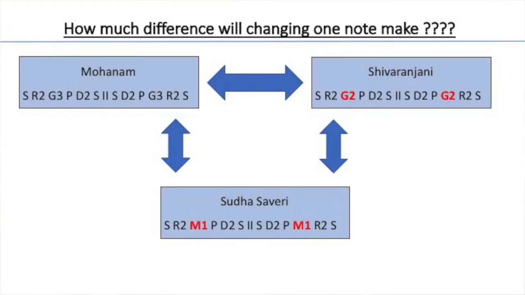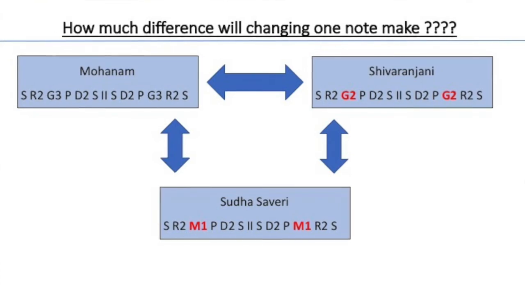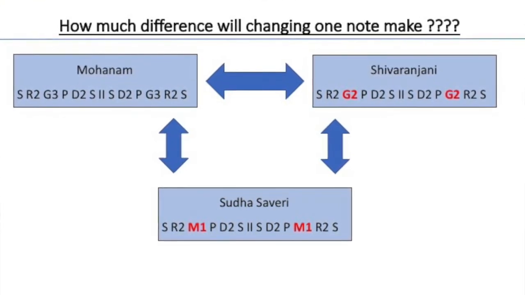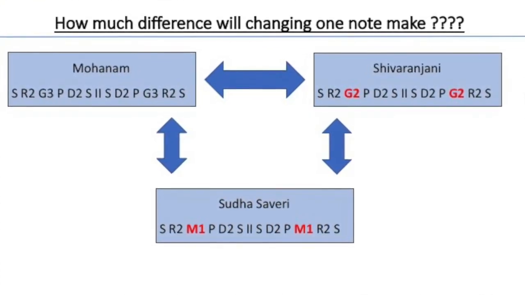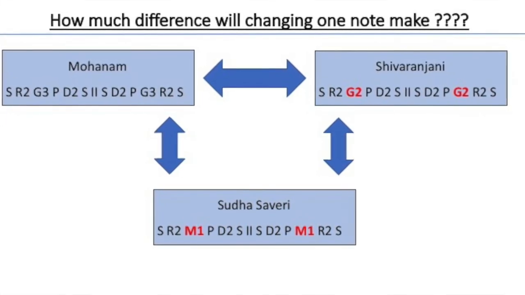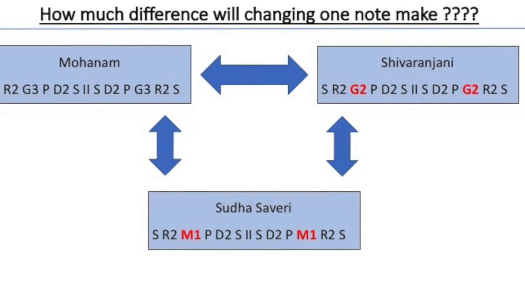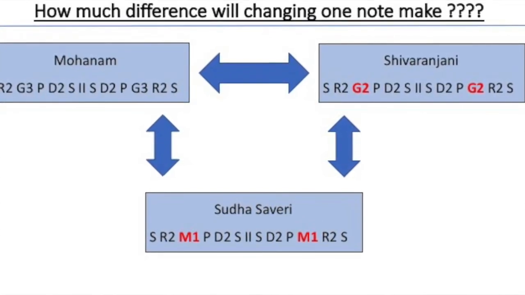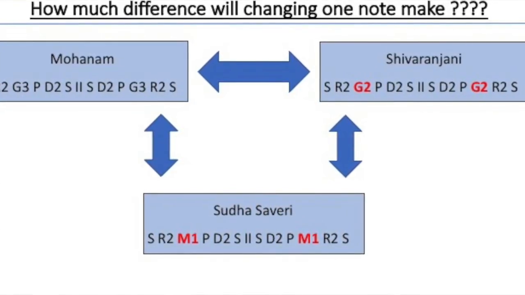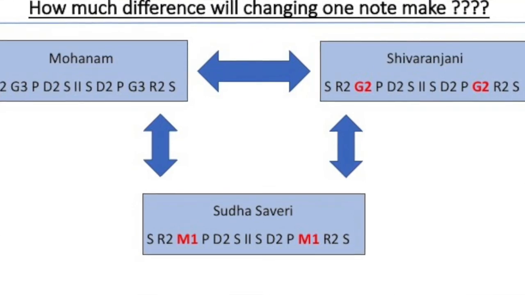Instead of changing the ga from one ga to a komal ga, if you just change the ga to a ma, the straight ma, sari ma pa da sa. This is Mohanam. Sada pa ga re sa. Sari ma pa da sa, sada pa ma re sa. பெரிய சேஞ்ச் மாதிரி இல்லை இல்லையா?